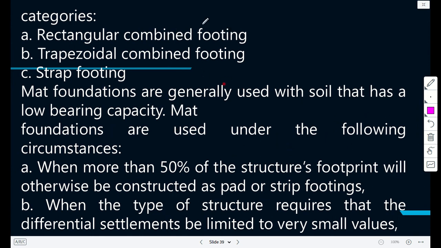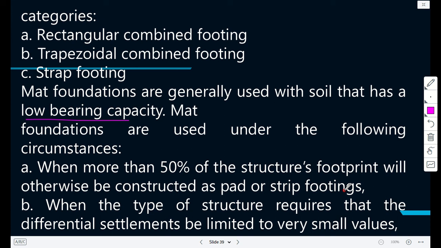So we have rectangular combined footing, trapezoidal combined footing, strap footing. Mat foundations are generally used with soil that has low bearing capacity. Mat foundations are used when more than 50% of the structure's footprint would otherwise be constructed as pad foundations.